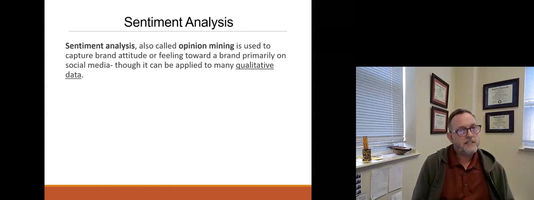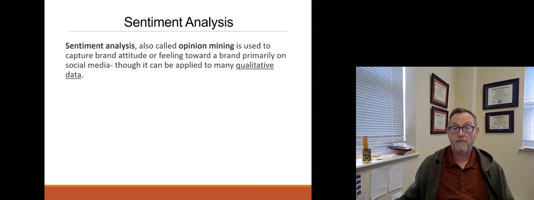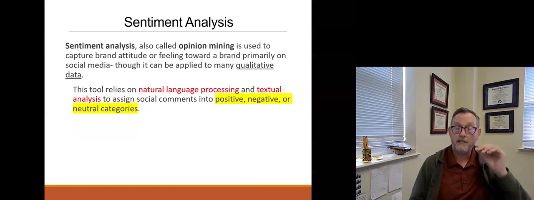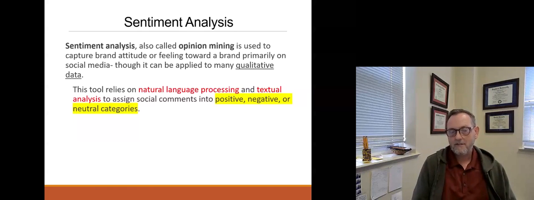And in particular, sentiment analysis very often focuses on qualitative data, oftentimes used in social media settings. So if we were to do that in social media or with qualitative data, which is mostly words, then we want to be able to analyze it using software tools that will analyze the words that are said.